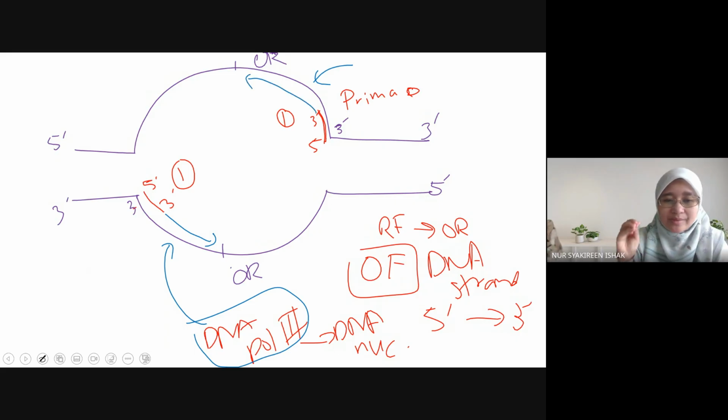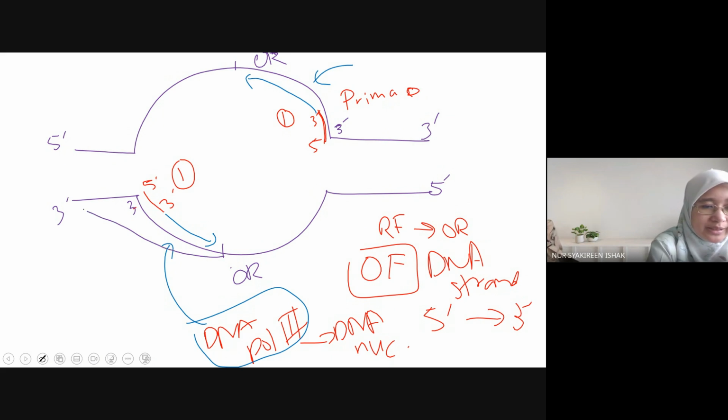Ini you have to imagine this is when, for example, the replication bubble starts small, kecil. So bila dia akan membesar kan, dia akan besar. So dia akan besar, let's say for example, replication bubble is over here, dia open up. Dia akan open up over here, macam itulah kan. So now you are going to synthesize the primer for the second Okazaki fragment.